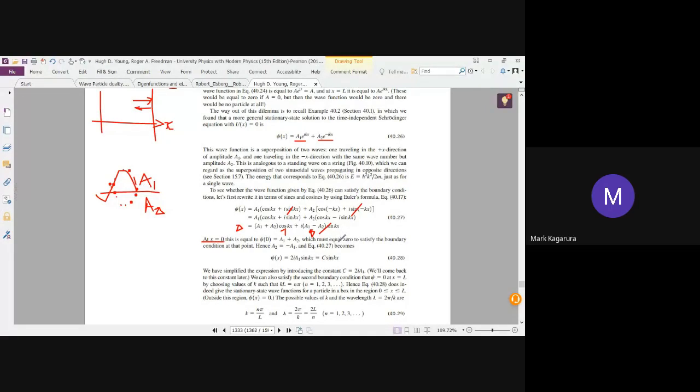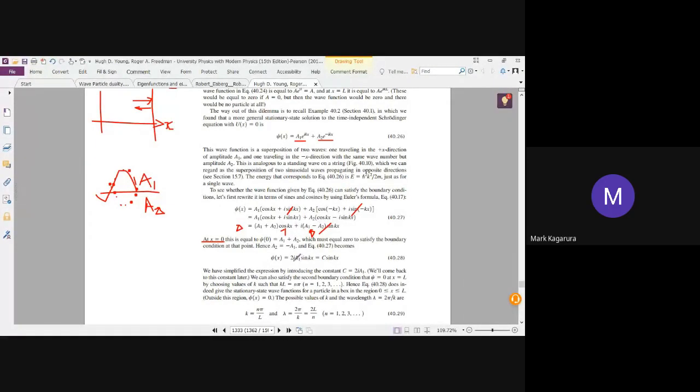And so you'll end up with something interesting for 4.27. You just substitute for that. So you saw this as a1 plus a2. That means this cosine bit becomes 0 because now a2 is negative a1.